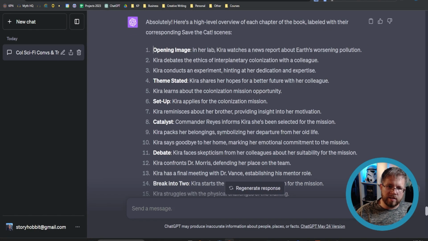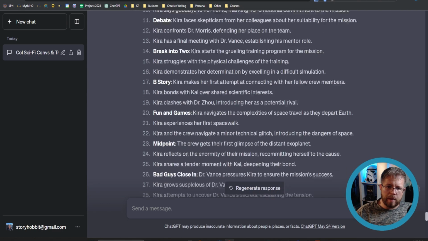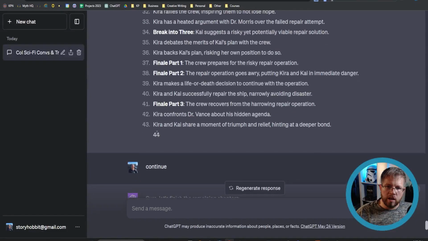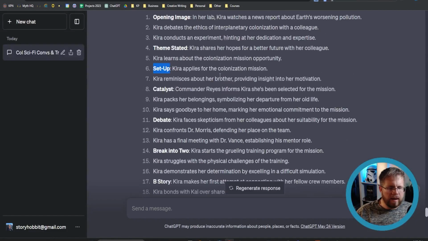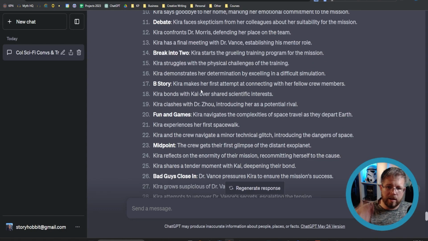It gives us the individual Save the Cat beats when appropriate, but it does fill in the gaps between them, which is good. And I was reading through them, and they're not perfect, but it's actually way better than I thought they would be. I thought there would be a lot more redundancy, or it would be stretching one scene into 3 or 4 or 5.